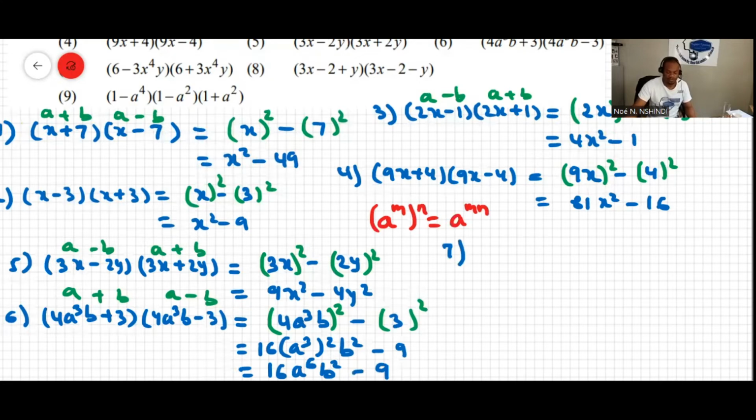Question 7, we have 6 minus 3x to the power of 4y, and then 6 plus 3x to the power of 4y.